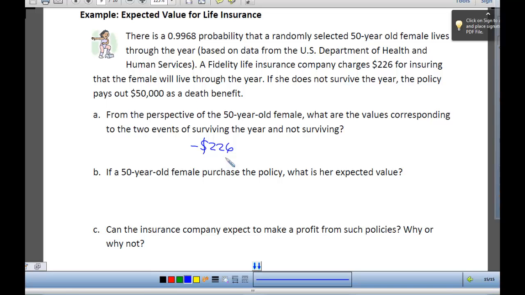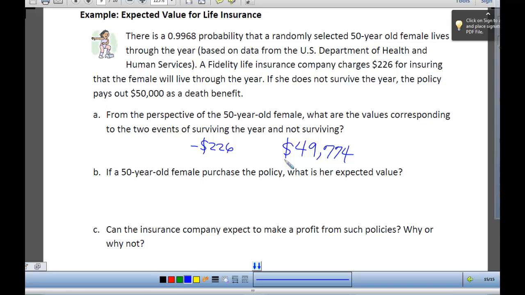So I got $49,774. And I'm not sure why I put a parenthesis there, so let's just erase that. Okay. All right, so those are the two values. If a 50-year-old female purchases the policy, what is her expected value?